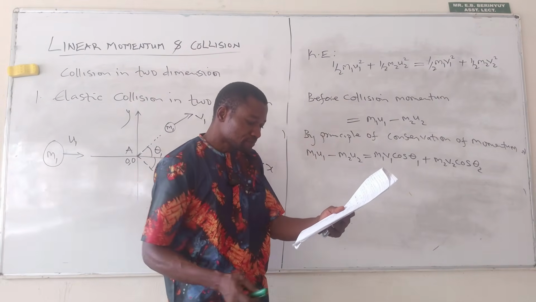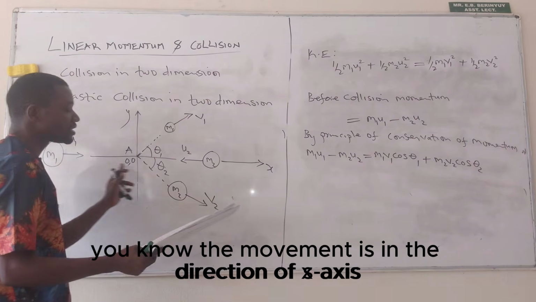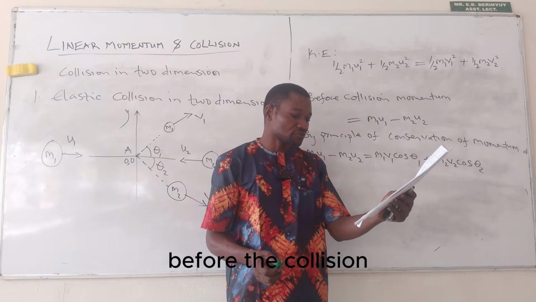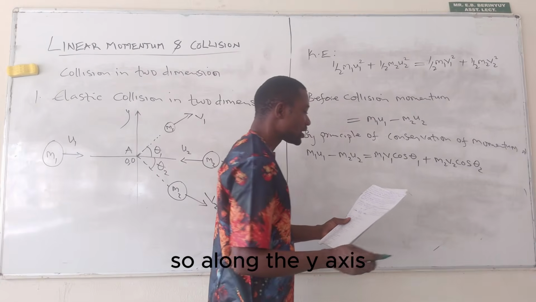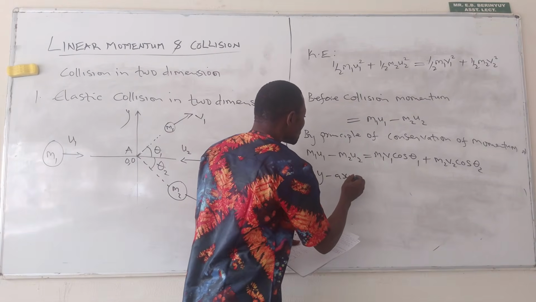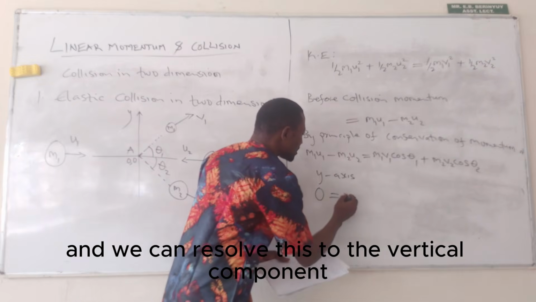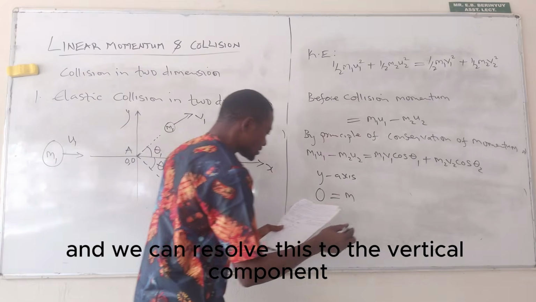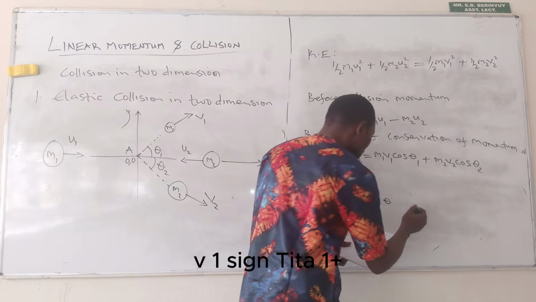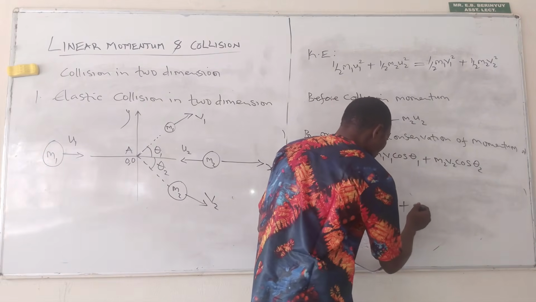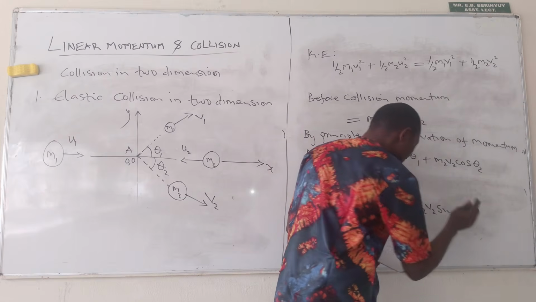Okay, let's make progress. Since the body moves only along the x-axis, the movement is in the direction of the x-axis. Before the collision, the initial momentum along the y-axis is 0. So along the y-axis, the momentum before collision is 0, and we can resolve this to the vertical component, and we will have m1 v1 sine theta 1 plus m2 v2 sine theta 2.